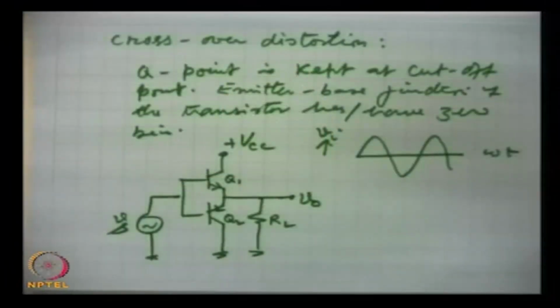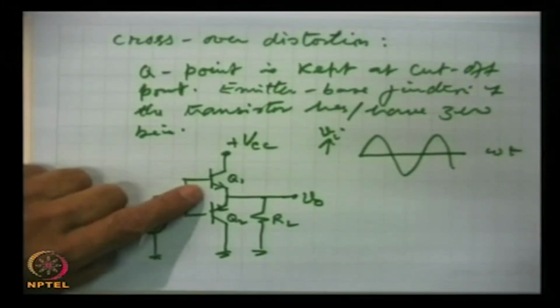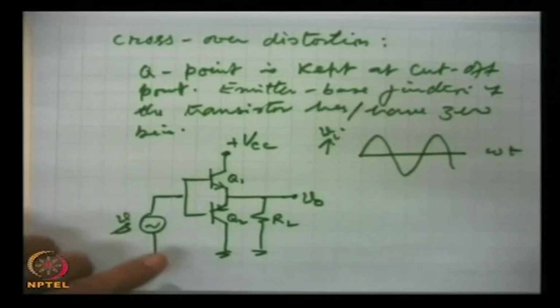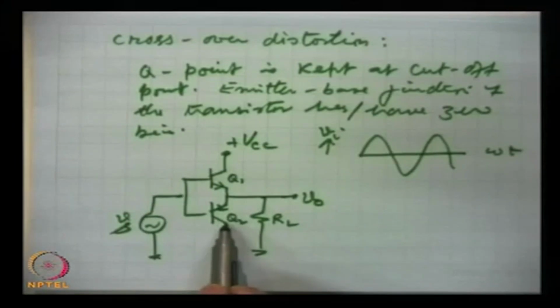In this case, when the signal goes from 0, then first 0.7 volts will be used to forward bias. Only after 0.7 volts the conduction will start. Similarly, in the lower case up to 0.7 this transistor Q2 will not conduct.